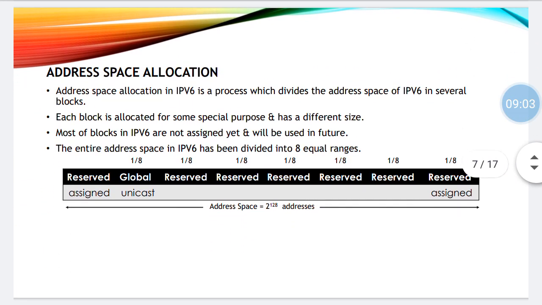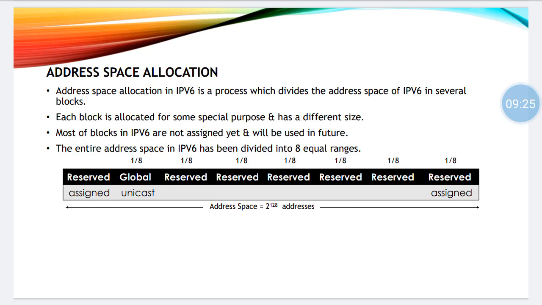So coming to the last topic of this part, and this chapter 2 of ACN will comprise 3 parts. This is the first part. Coming to address space allocation, in case they are asking address space allocation, you are supposed to draw this diagram and explain it.